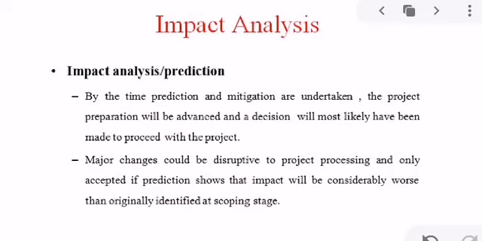Major changes could be disruptive to project processing and only accepted if predictions show that impact will be considerably worse than originally identified at the scoping stage.